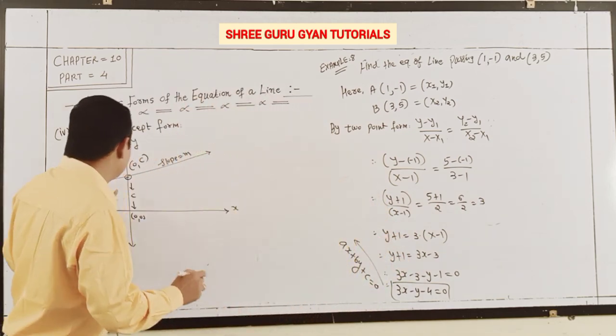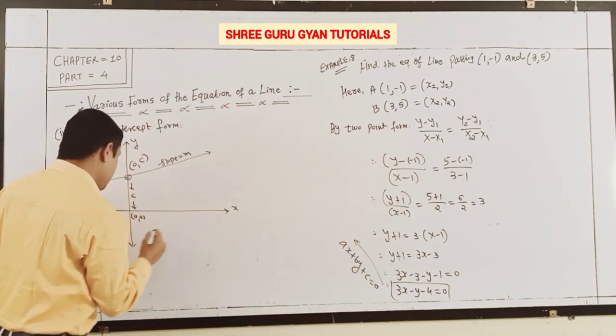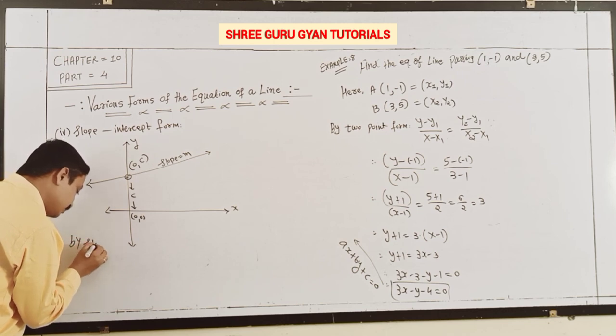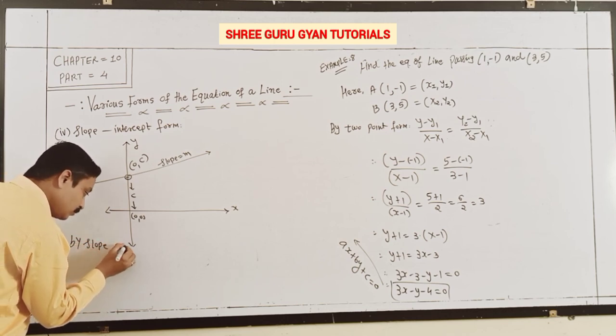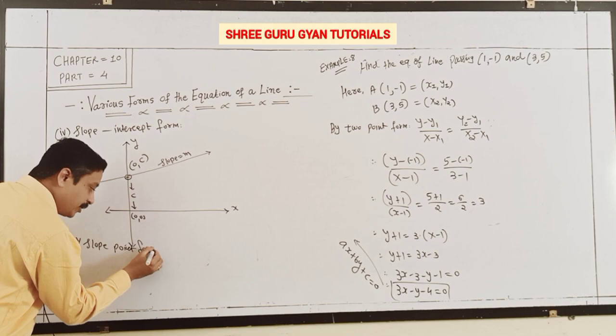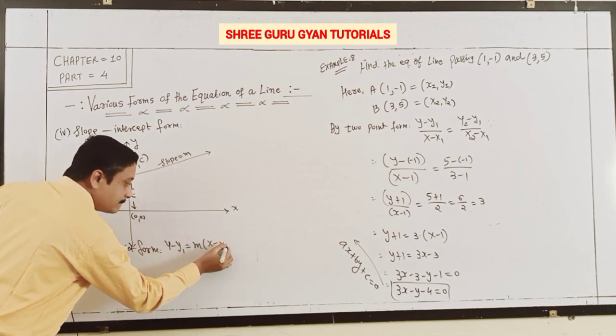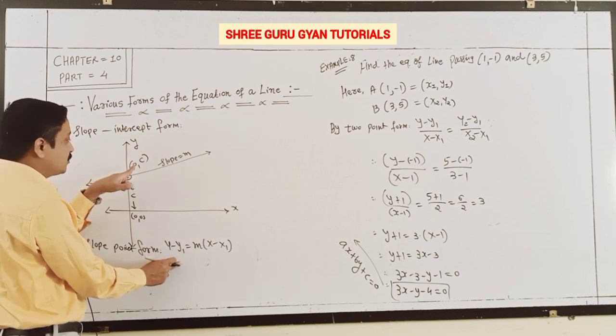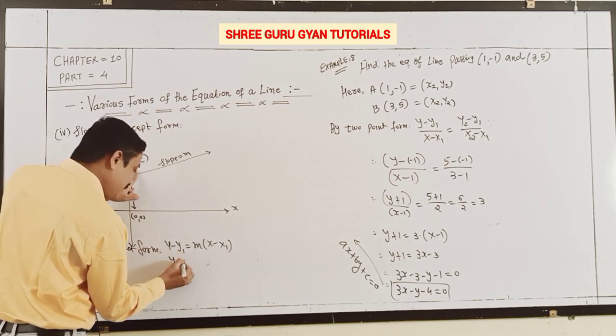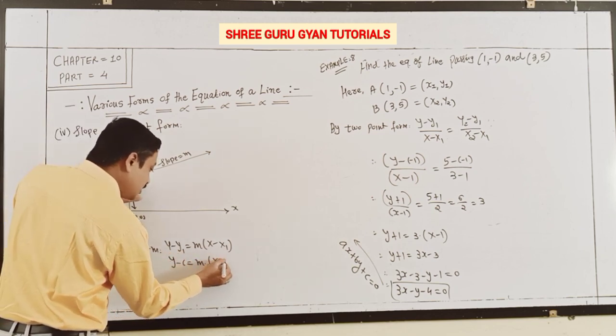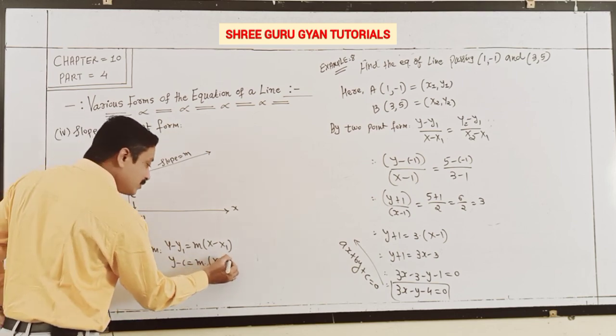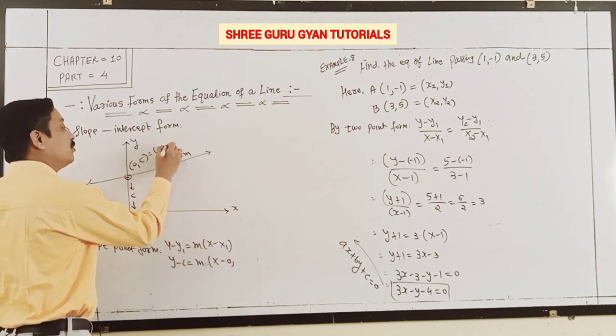It is simple. I just apply the slope point form: y minus y1 is equal to m times (x minus x1). Here y1 is c, the slope is the same, and x1 is 0, because that is your (x1, y1).